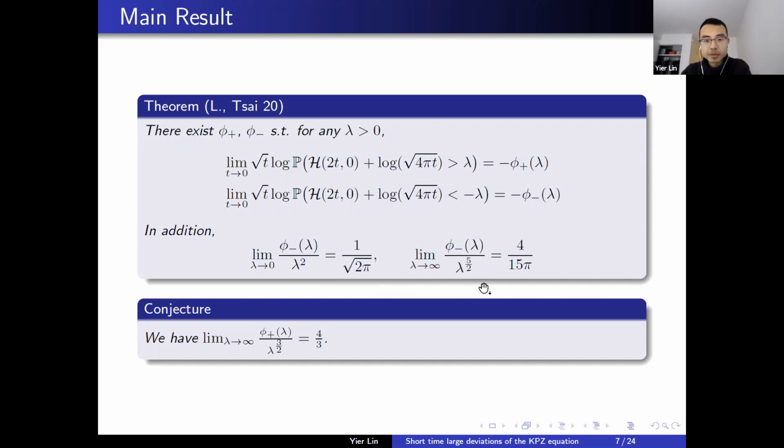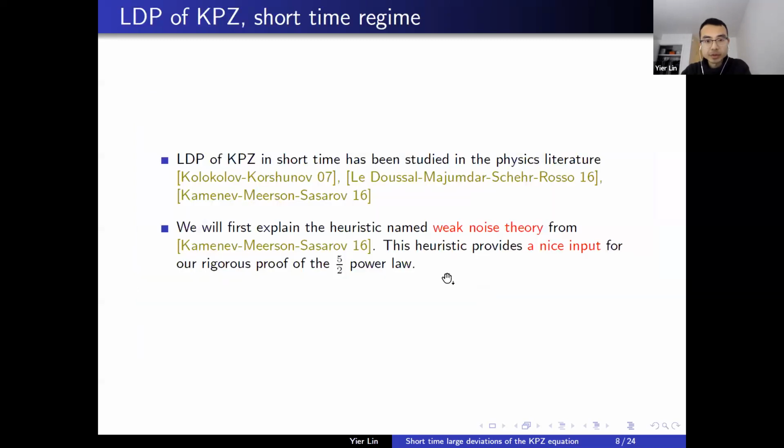Okay, and before that, I want to mention that there are a few physics predictions or heuristics which predict the result about the asymptotics for this rate function.